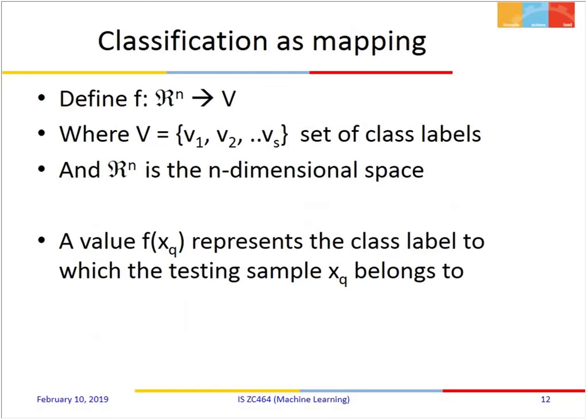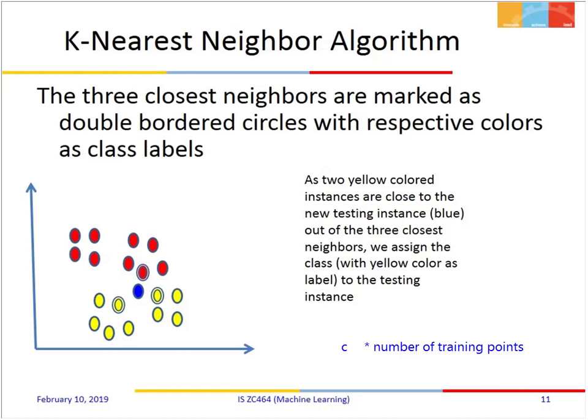So when you proceed ahead, here you have this space which we are representing as Rn. R is the real number and n represents the n-dimensional space. Earlier we were taking only two dimensions, f1 and f2, so we were actually talking about an R square space, where each axis has real numbers. From there we are moving to V, where V is nothing but the label of the class.